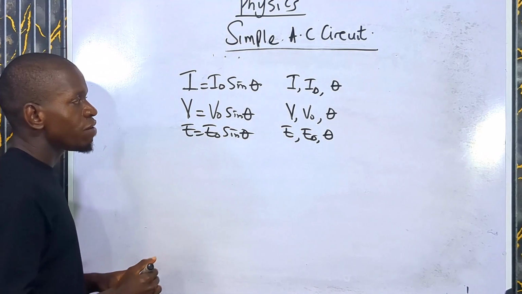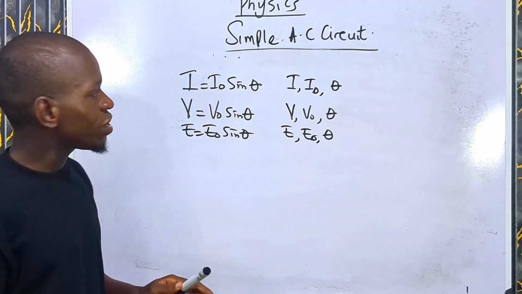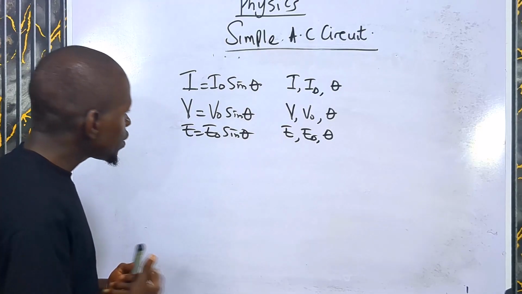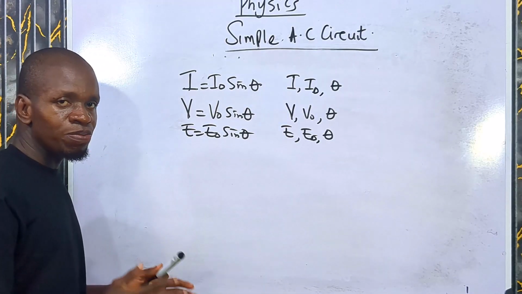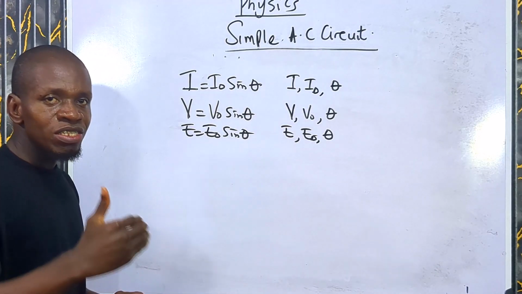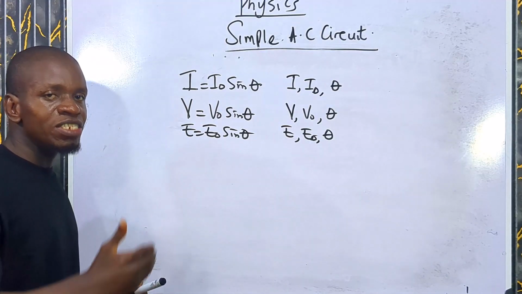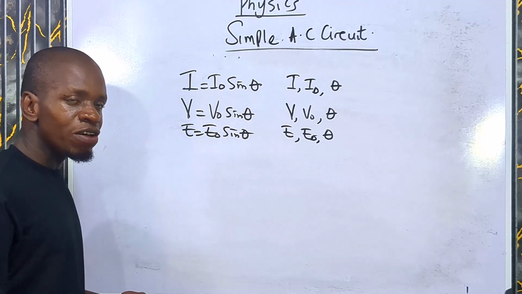Now, since we are aware of this, this is not the only thing that we calculate for the instantaneous. What if the question contains frequency? What if the question contains period? How will you solve it?